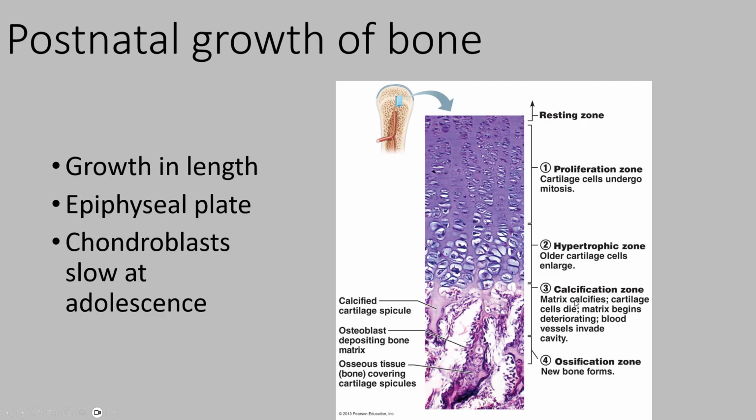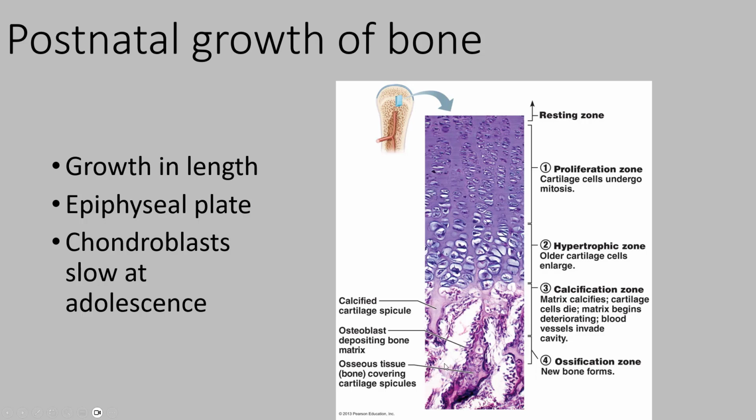As that happens, the chondrocytes, the cartilage cells, begin to die. The matrix begins to deteriorate and break down. We start to see cavities, and blood vessels now have room to grow. Blood vessels move into those cavities, and that triggers bone cells. Osteogenic cells, osteoblasts, and osteoclasts all become active.